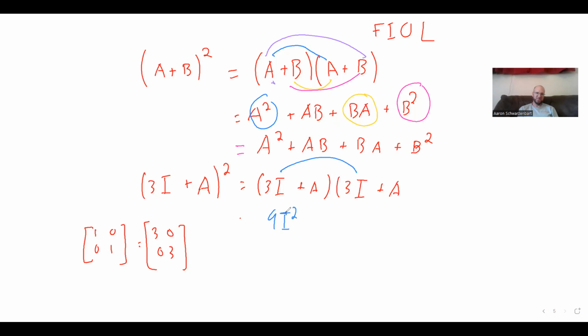Don't mistake this for a small i. 3I times A is plus 3IA. Okay. I should close those parentheses. A times 3I is plus A times 3I.